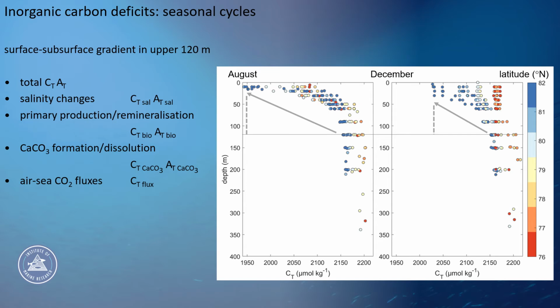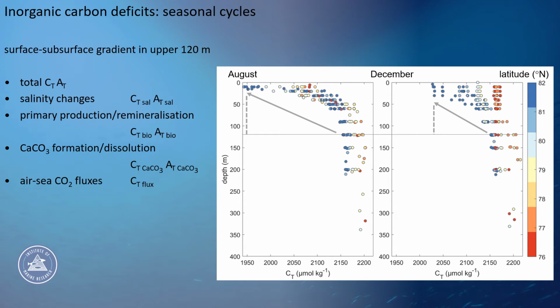Gradients in the upper water column can be used to determine key processes that drive changes in the inorganic carbon and alkalinity. The plots here show the vertical distribution of inorganic carbon in the upper 400 metres, where we see a gradient between 120 metres depth and the surface.